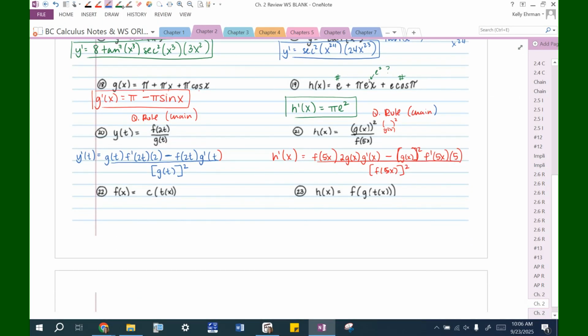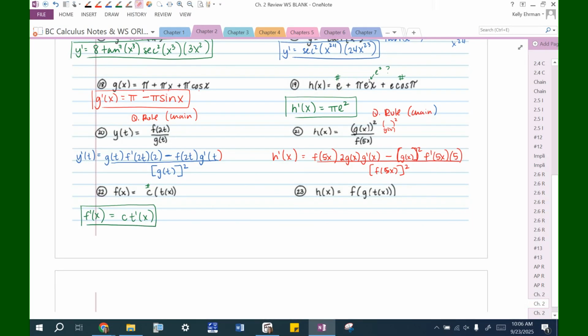Okay, this one's going to be green. So f prime, c is a constant. This is a number. T is the function name. X is the input. So the constant is along for the ride. This should just be c times t prime of x. There's no chain rule happening.